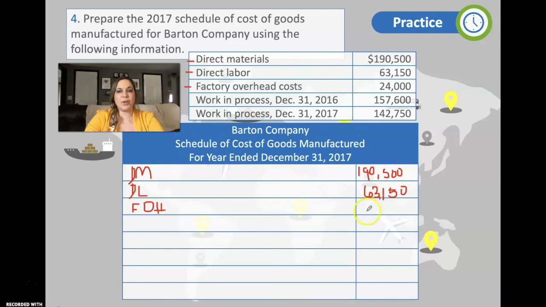And the factory overhead is 24,000. Add these 3 numbers up to get your total manufacturing costs. You should have got the number 277,650.